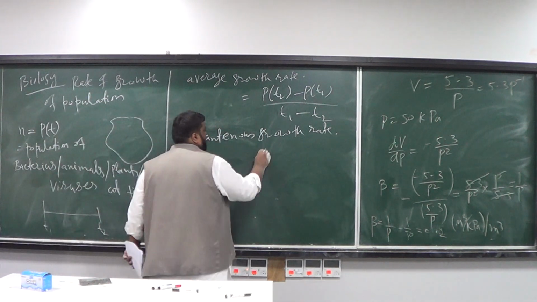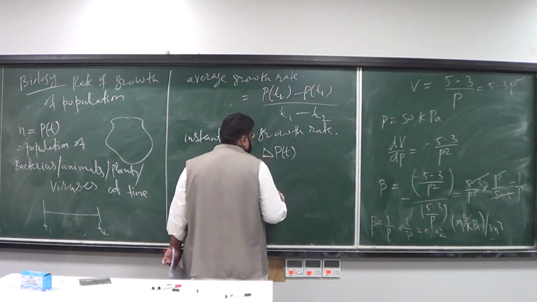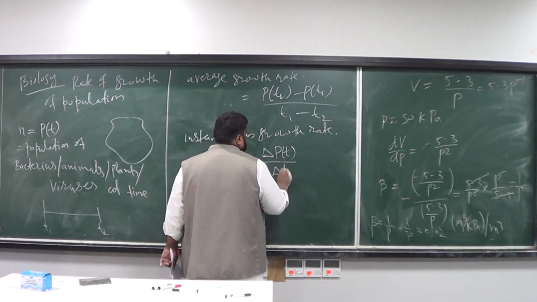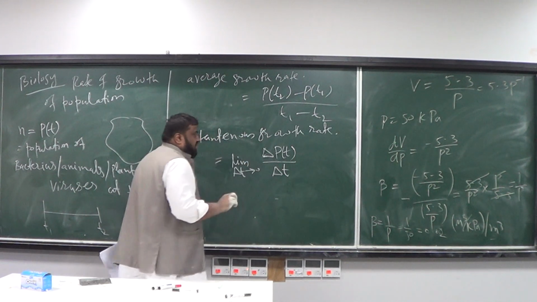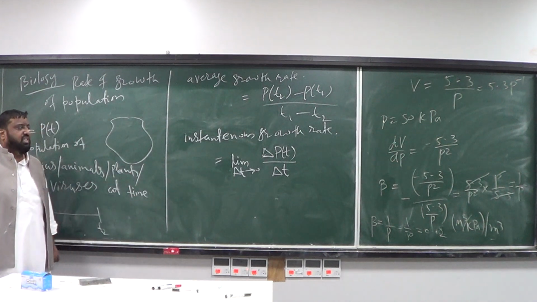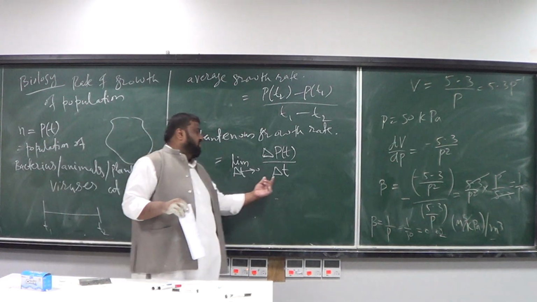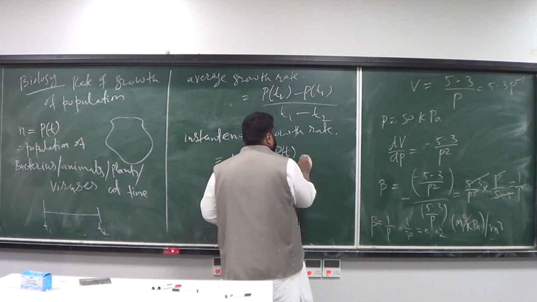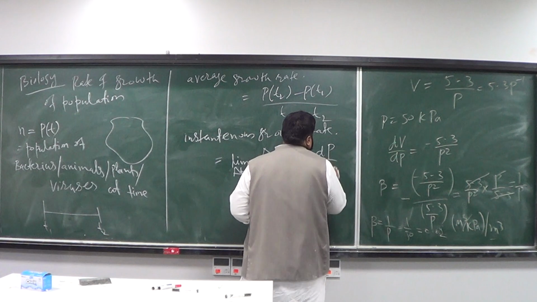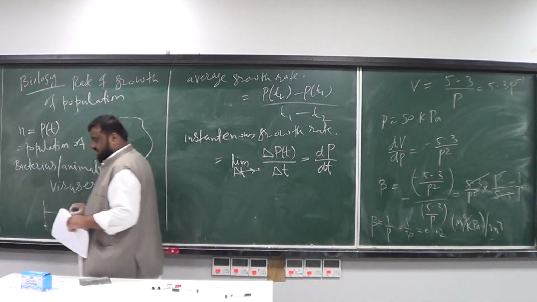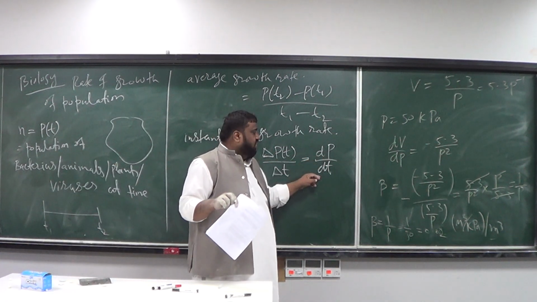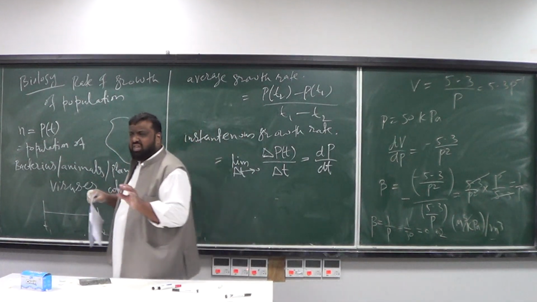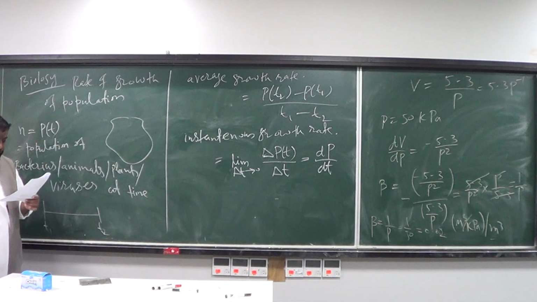So it's going to be the change in population in a small interval of time, when the change in time is really tiny. We call that rate dP by dt. In other words, the way the population is changing instantaneously when the time is changing by a really tiny quantity.